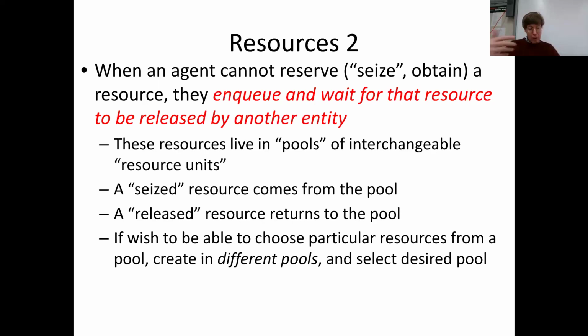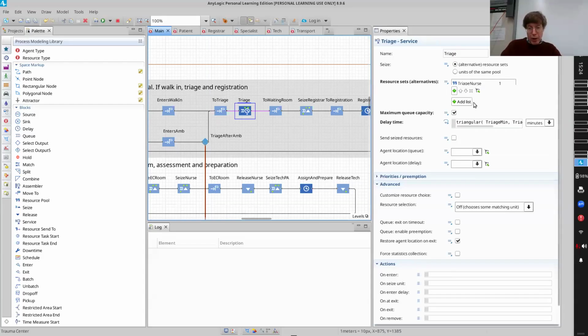They await the resource, and in awaiting the resource, they are placed in a queue. And that queue may be capacitated, meaning it's of some fixed, limited specified capacity, or it can be unlimited in capacity.